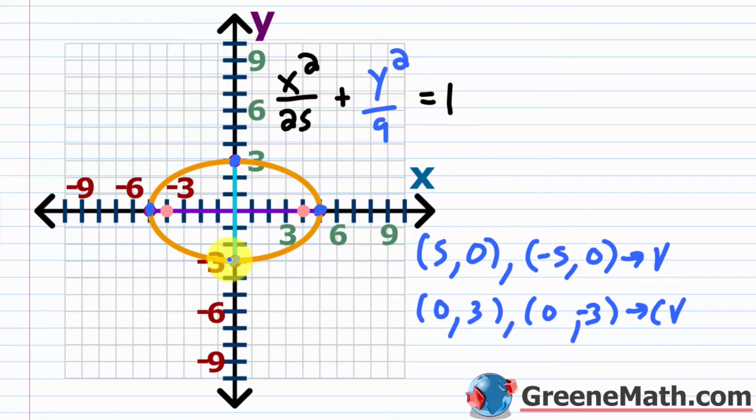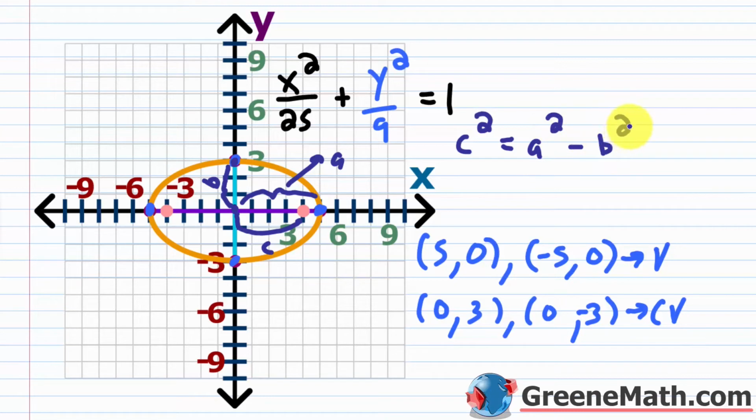When we work with this generically, we're going to label the distance from the center to the vertex, this vertex over here, A. We'll call the distance from the center to one of the covertices B. We can show mathematically, and I'm not going to go into this, that C squared, where C is the distance from the center to one of your foci, is equal to A squared minus B squared.